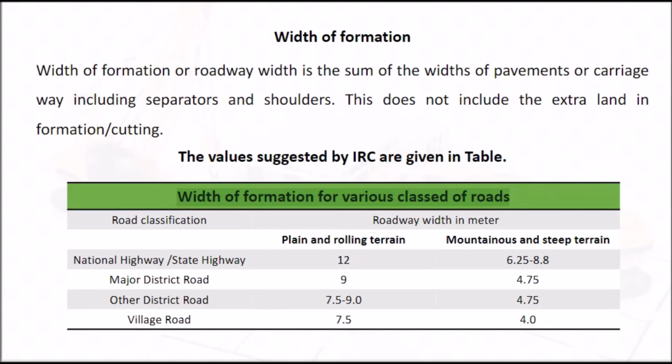Width of formation for various classes of roads. Road classification, roadway width in meter: plain and rolling terrain, mountainous and steep terrain. National Highway, State Highway: 12, 6.25 to 8.8.